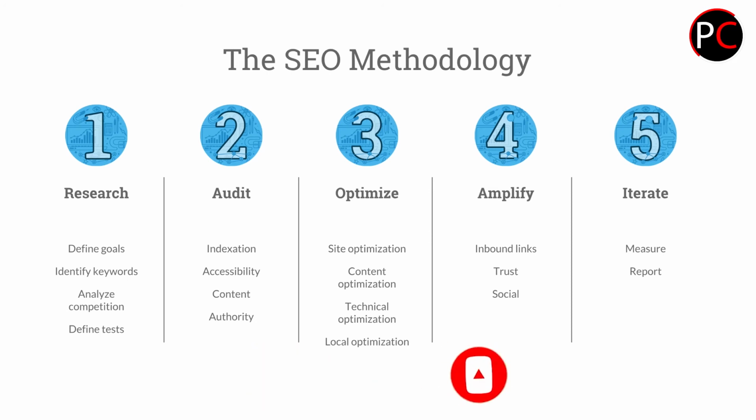They'll say, let's start changing page titles. Let's start changing meta descriptions. Let's get more links. And they haven't done the necessary research and audit steps to really make the most of these optimization phases. This includes things like, is our content optimized? Can we do any technical optimizations? All different variety of things in there. And again, those relate to some of the tests that you want to run.